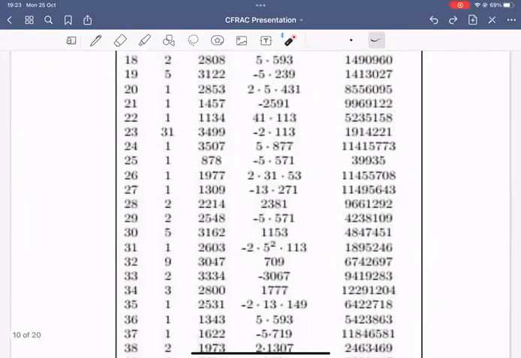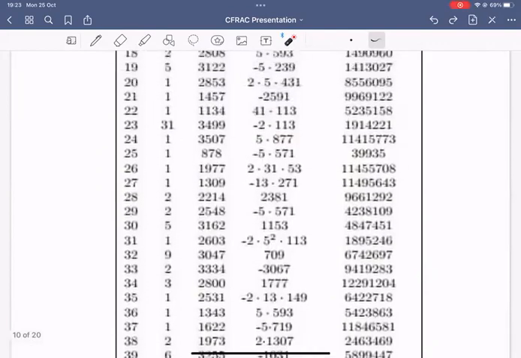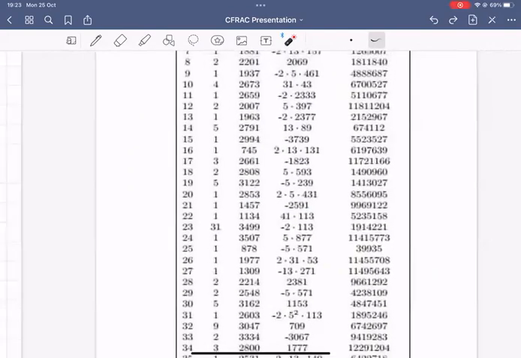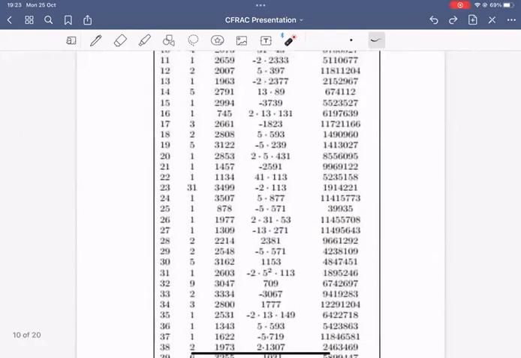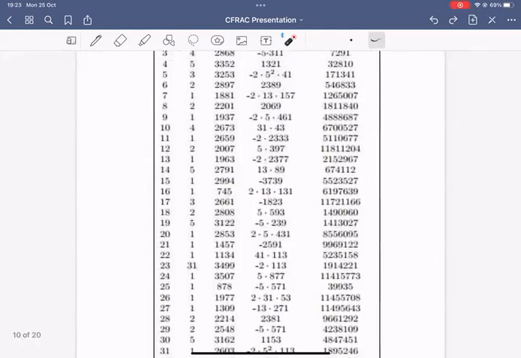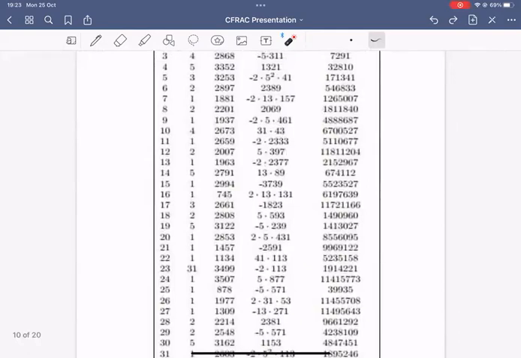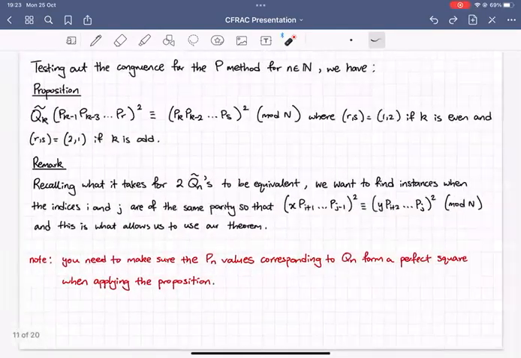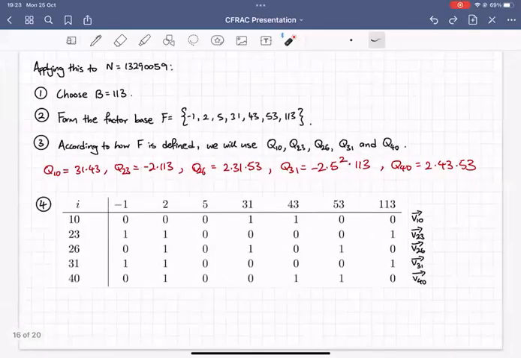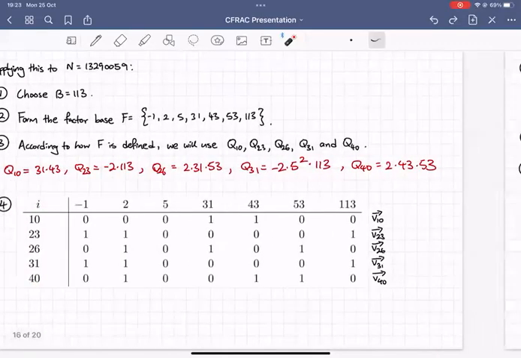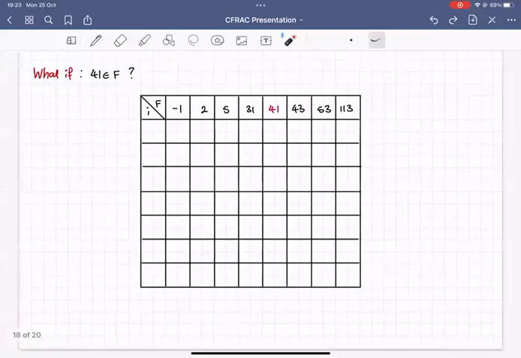And I believe there's another Qn with 41 as a factor: 22. So Q5 and Q22 are our 2 new Qn's in addition to these 5. So you can just add it in.